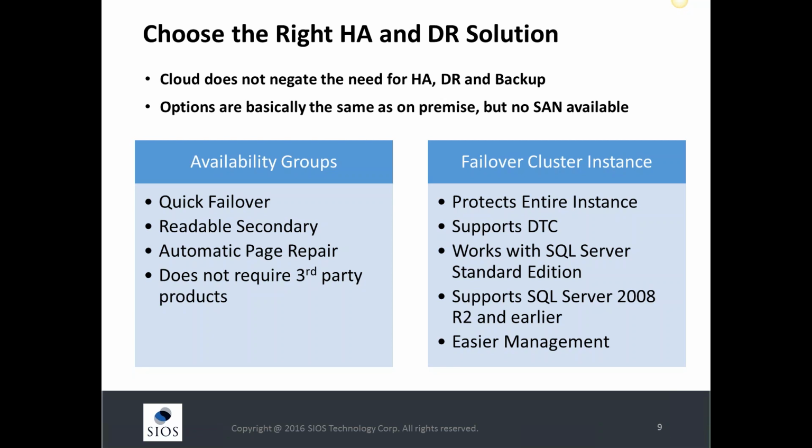The difference between Standard and Enterprise can be quite substantial, so you're going to have a cost savings there. And then if you still have applications that require SQL Server 2008 R2 or earlier, before availability groups were an option, you can build failover clusters. Failover clustering has been around forever. That's the de facto high availability solution, so that still works today in the cloud.